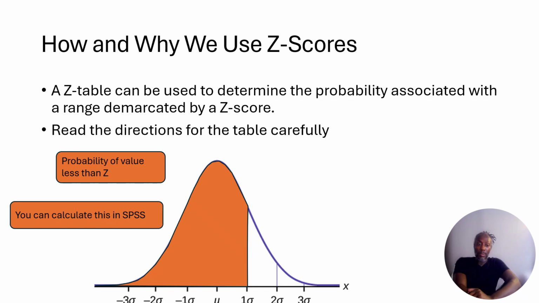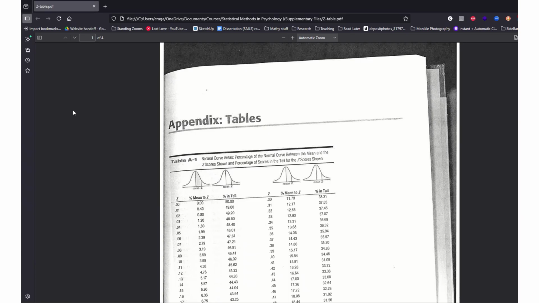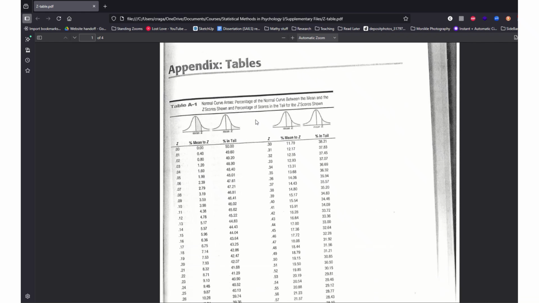So on Blackboard, you should have been able to download a PDF file called ztable. When you open up that file, it'll look like this. When I mentioned in the previous slide to pay attention to the directions, I mean particularly to pay attention to the pictures like this and the information above that tells you this shaded region, the region between the mean and z, is what this column is giving you.